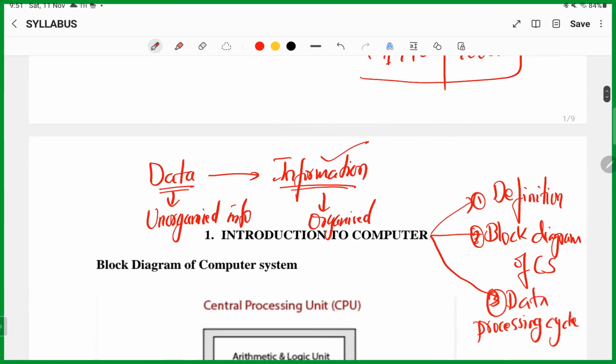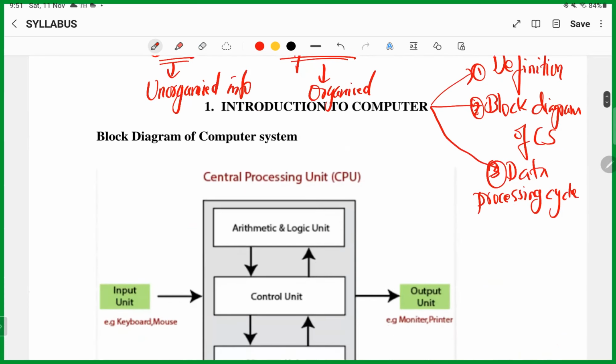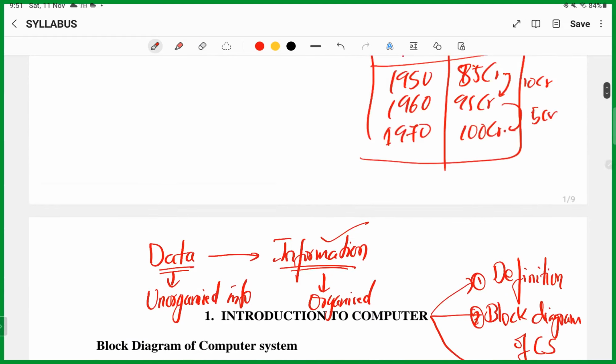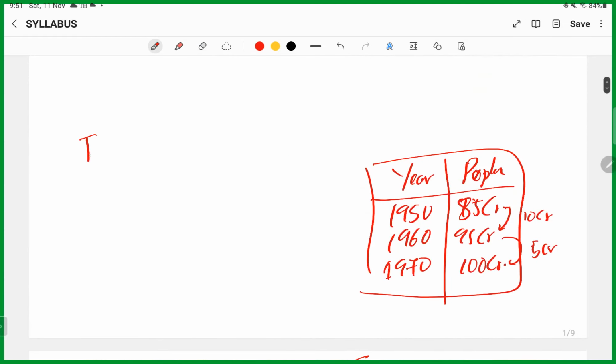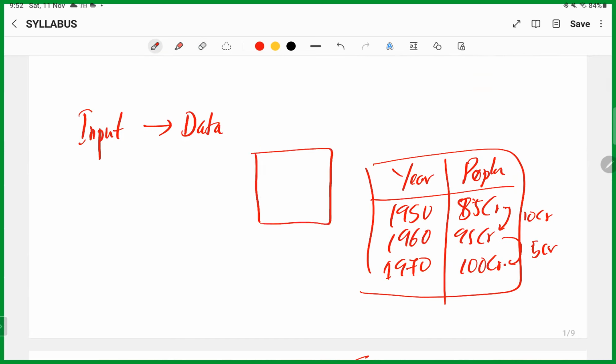So basically, with respect to the computer, whatever input you give to the computer, we call it data. For example, there is a computer here, you have collected data on census.